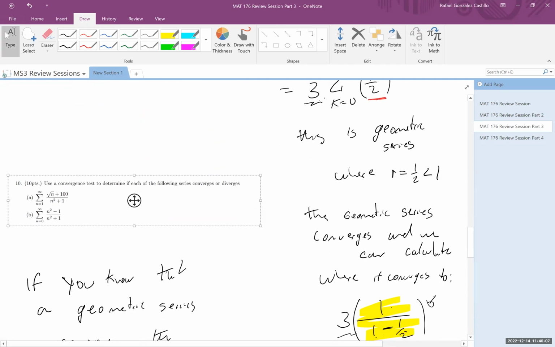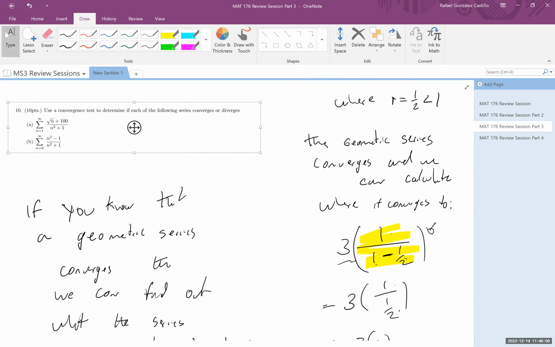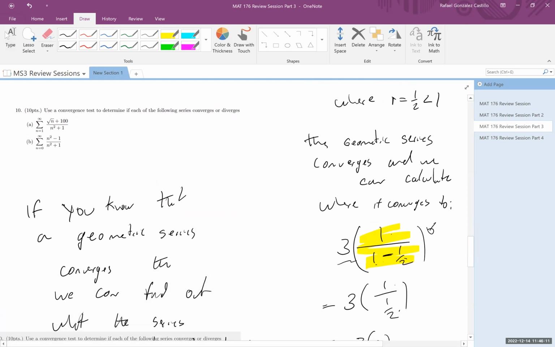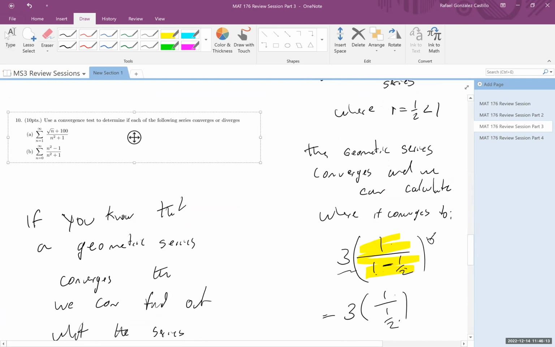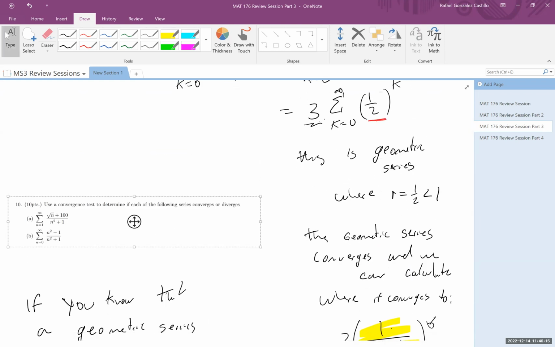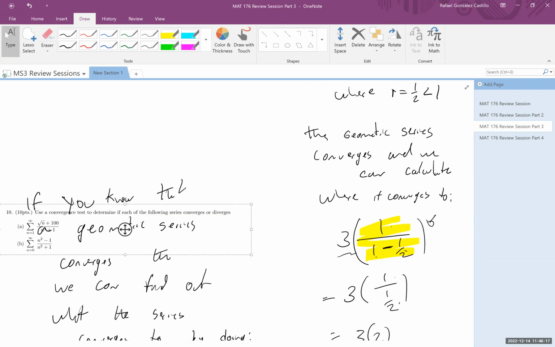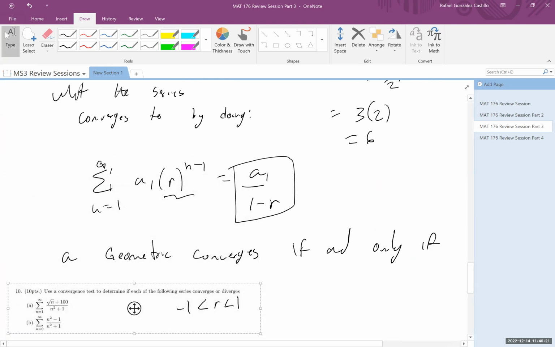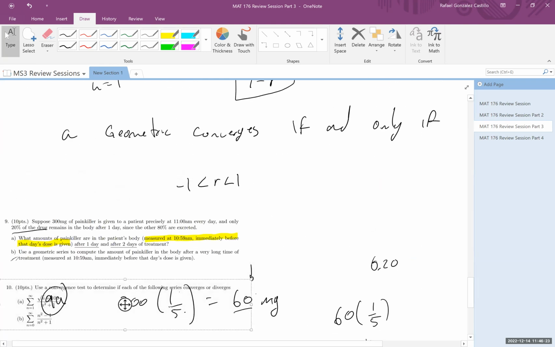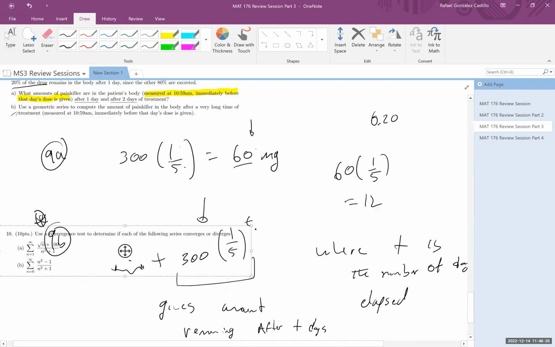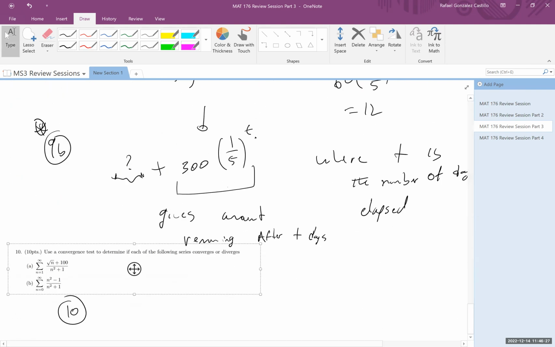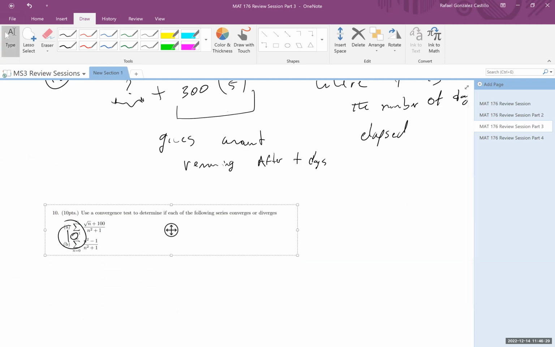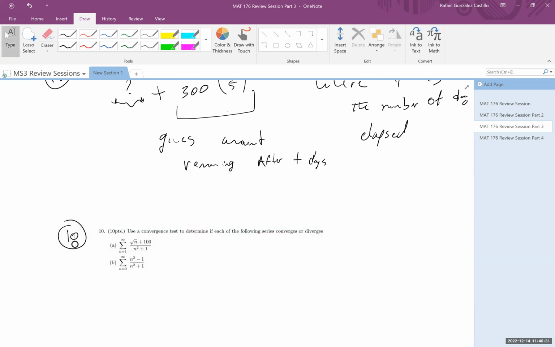I don't think it's 75. You see, that problem is asking us to find out how much of the substance remains after a long time. So we could calculate easily with 300 times 1/5 to the t how much has gone down. All we have to really calculate now is the relationship with how much is given per day.